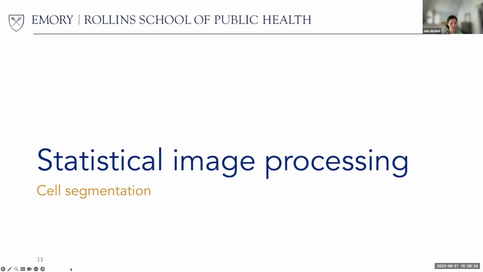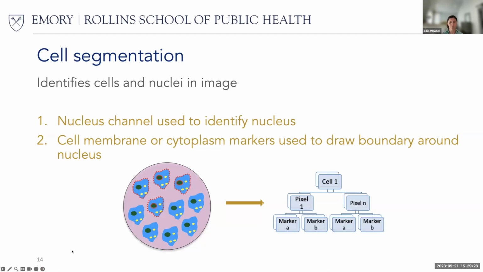Okay, so let's briefly talk about cell segmentation first. So the point of cell segmentation is to identify cells and nuclei in the image. So the nucleus channel, you always have a nucleus marker present with this data. And that's used to identify where is the cell, which is important, where is the nucleus, which is important for segmentation.